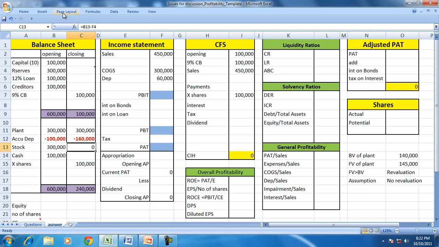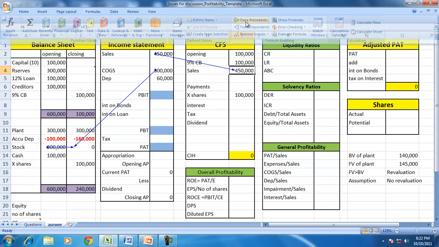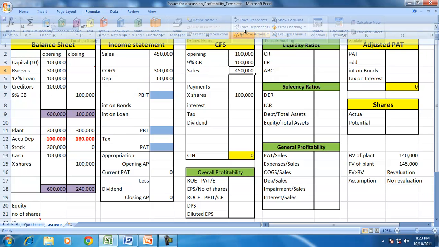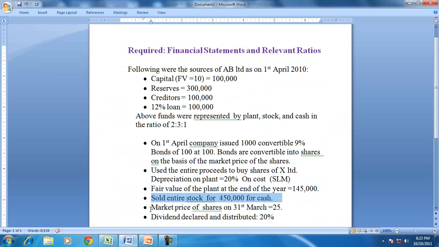So we can see that here the stock becomes zero because entire stock sold, and the sales is for cash, no debtors because entire sales is for cash. The market price of the share 25, that will be used to calculate the convertible bonds conversion to find the equivalent number of shares to be issued, which we'll use later.